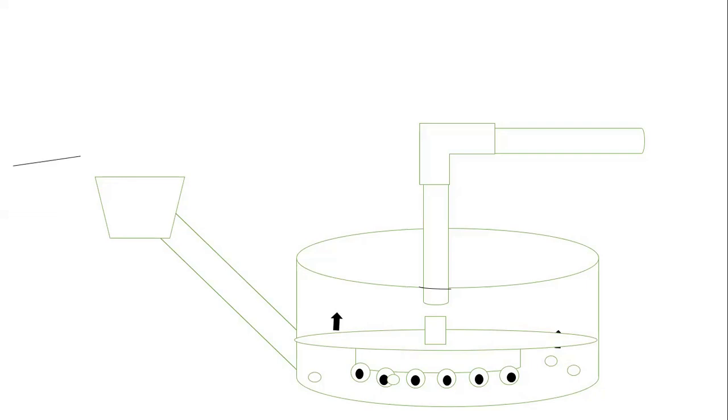Because of this, the size reduction process occurs, moving continuously through 360 degrees, and the particles get size reduced, which causes the material to separate out.